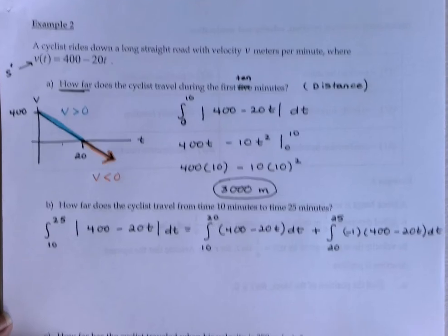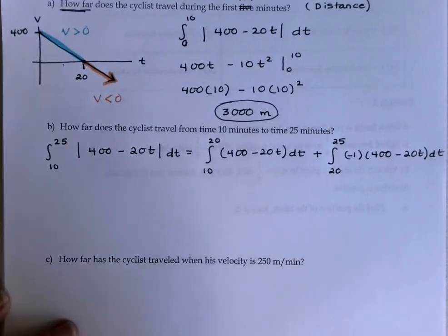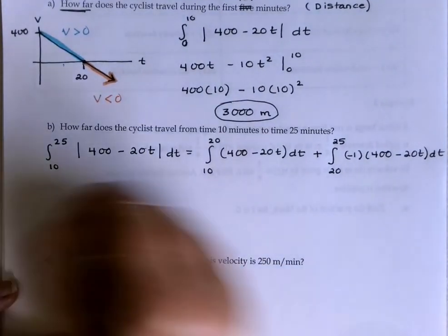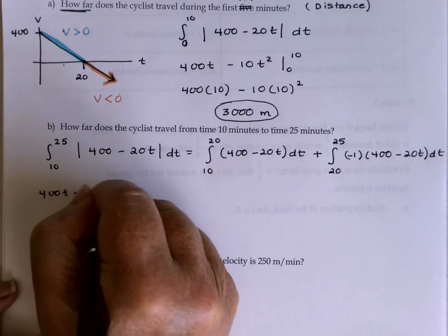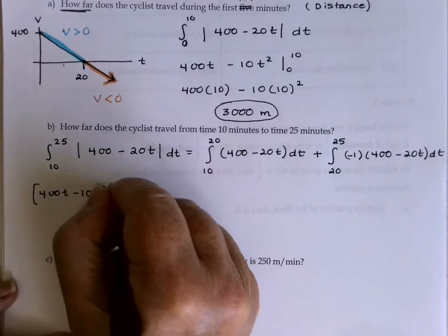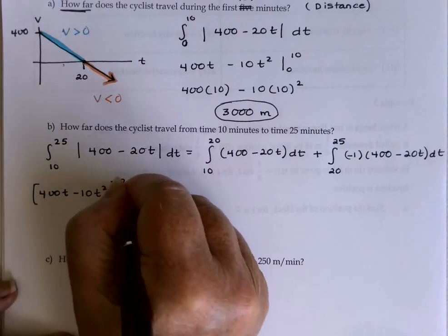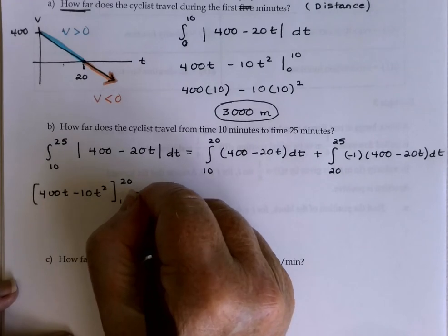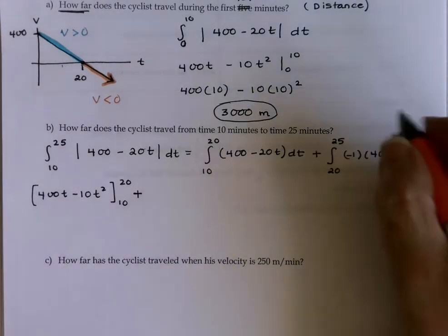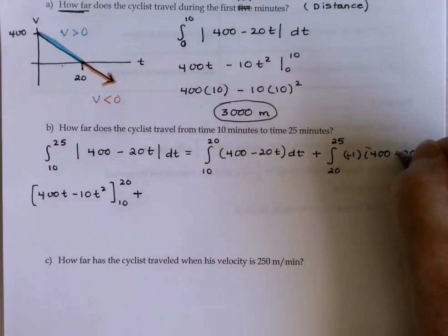All right, integrating this, very similar. I would, of course, get 400t minus 10t squared, evaluated from 10 to 20. And let's see, that's going to be plus. Let's go ahead and distribute this negative 1.